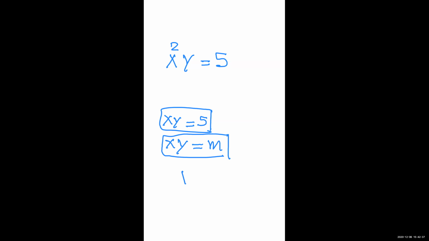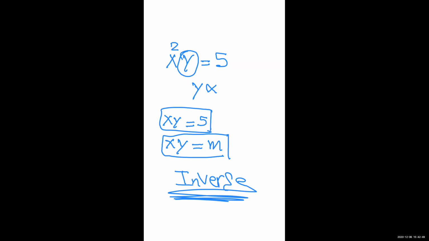So inverse, but now with the square. y varies inversely with x squared. So the last choice is correct.